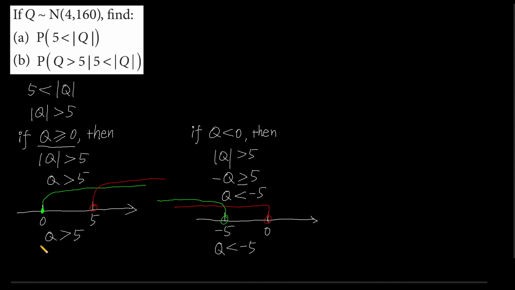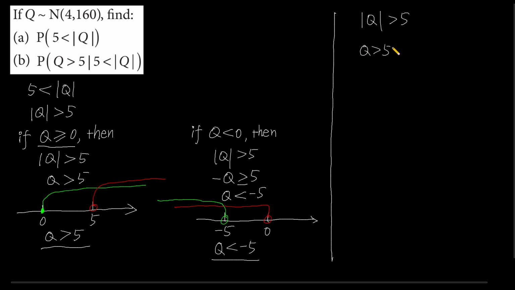Now we need to combine these two together to get the answer. So the answer for the absolute value of Q bigger than 5 is Q bigger than 5 or Q smaller than negative 5.